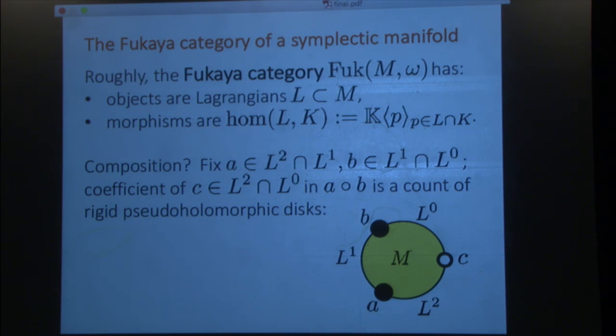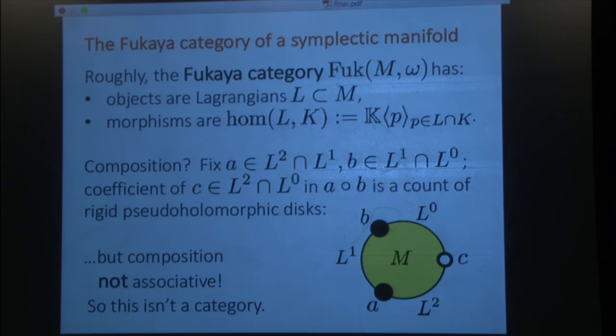Now, this composition is not associative, so this is actually not a category. But you can recover something because the failure of composition to be associative is governed by a ternary operation. And there's a whole slew of coherences amongst a collection of d-ary composition operations, and we're going to call those mu d.